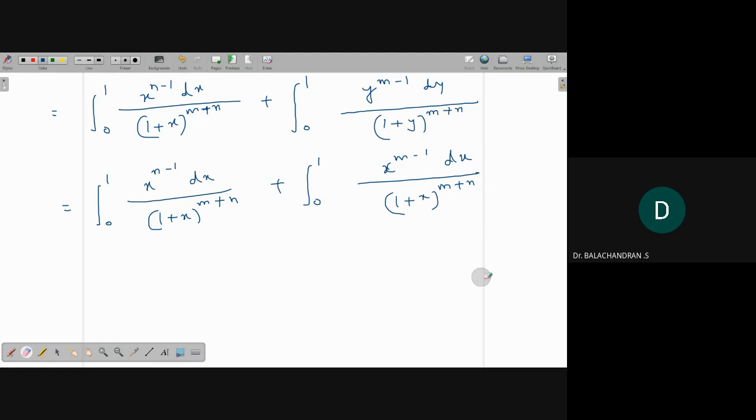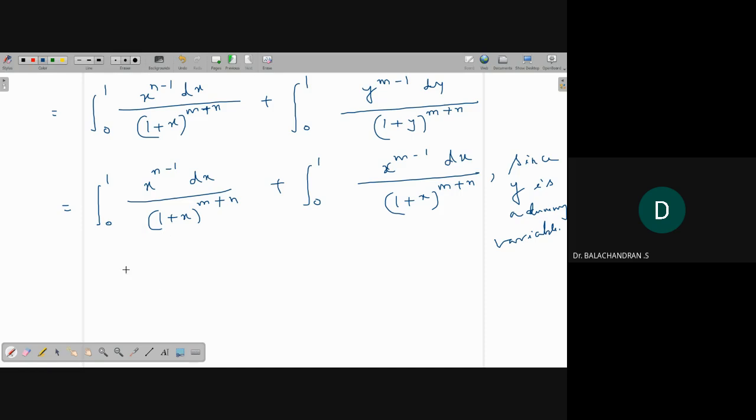That means you can even replace it by z: z power m minus 1 dz by 1 plus z whole power m plus n, or instead of x we can use t. The reason is that y is a dummy variable.